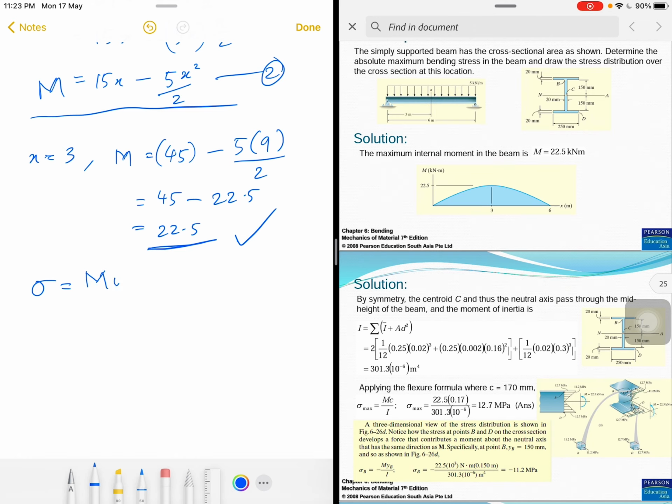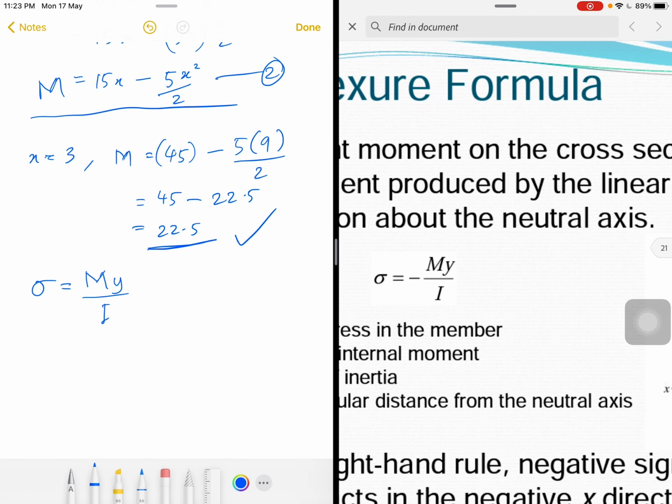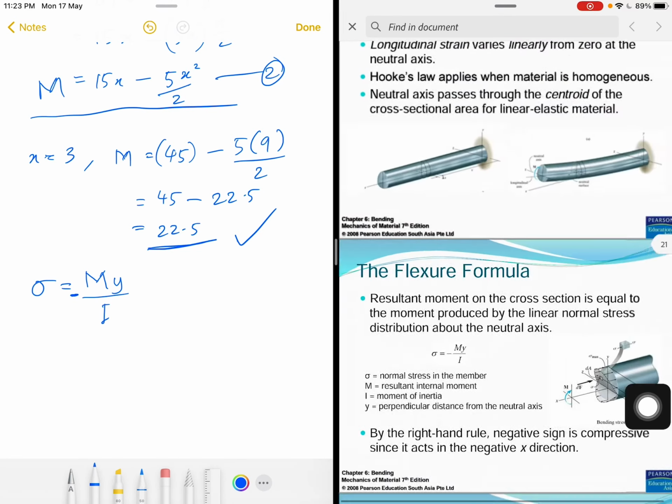and now we can use the formula stress equal to, can I remember or not, My over I. Is it correct? So we have negative, so we can use this equation already.